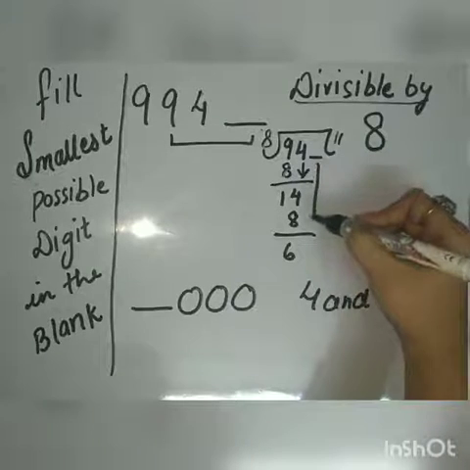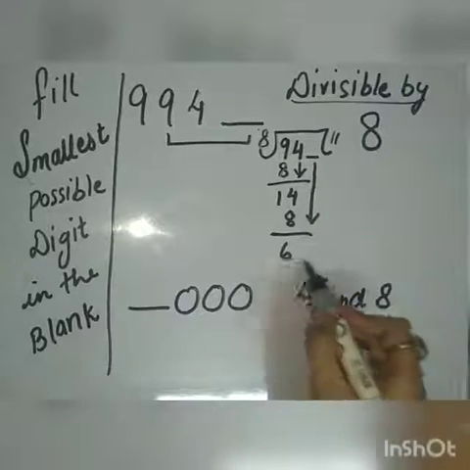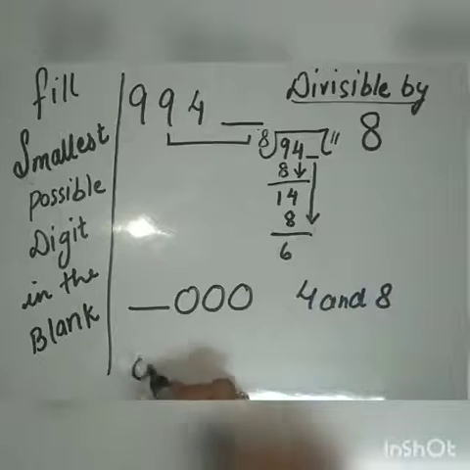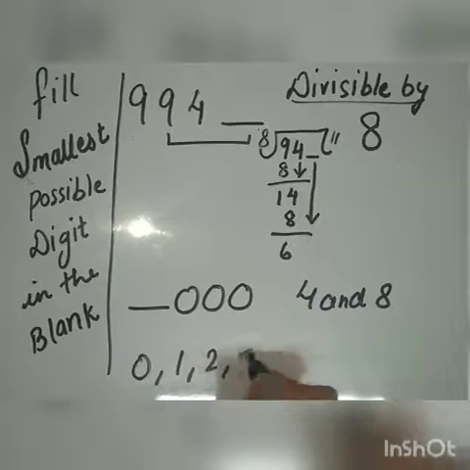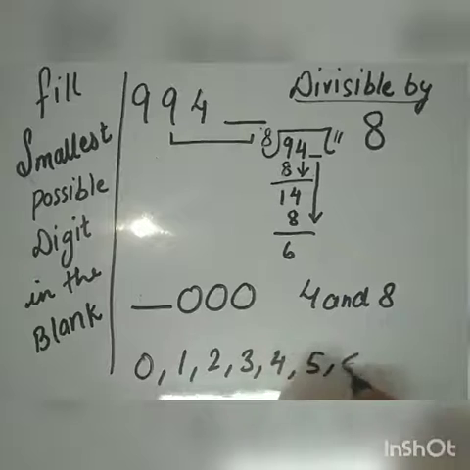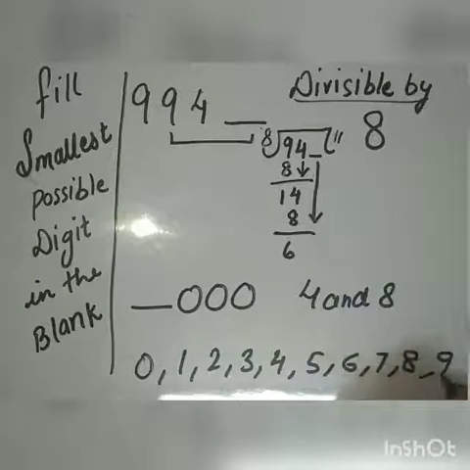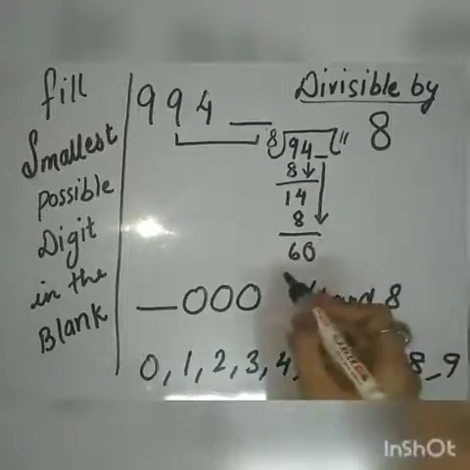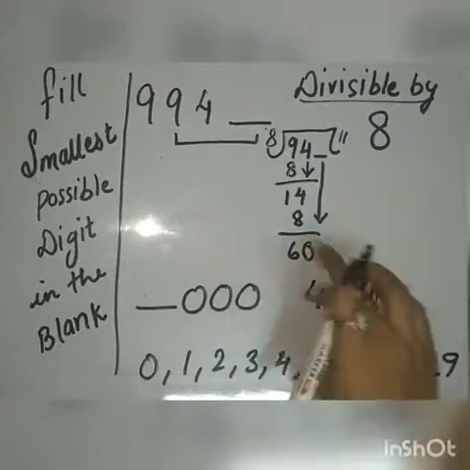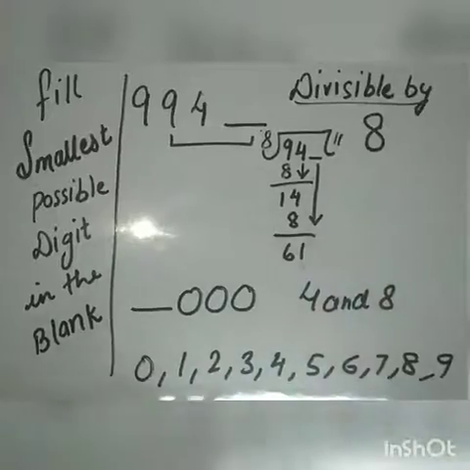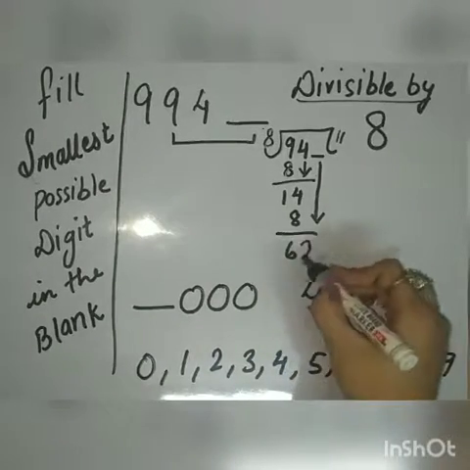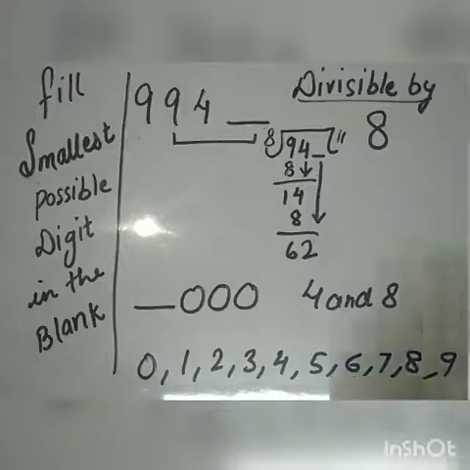So what will we write in this blank so that this number is completely divisible by 8? We will start with 0, 1, 2, 3, 4, 5, 6, 7, 8, 9, single digit numbers. If I put 0 here, 60 is not divisible by 8. If I put 1, then 61 is also not divisible by 8. 2, 62 is not divisible by 8.